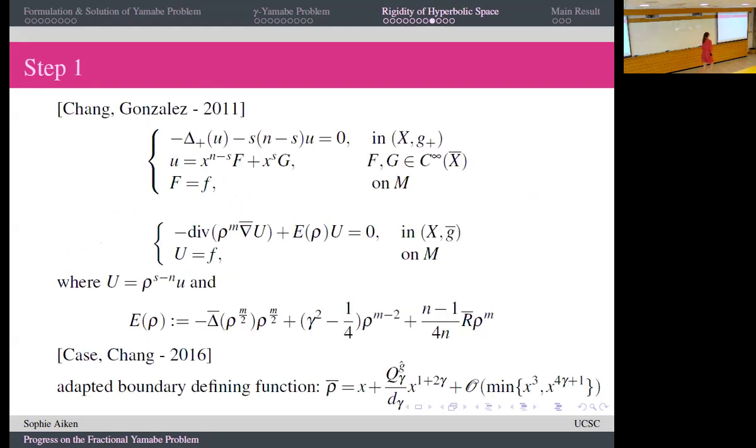Okay, here we go. So like I said, we want to find our operator not using the Poisson equation, but using this boundary value problem here, where my E of rho is defined as follows. And the reason we want to do this reformulation is because this rho is a defining function, so I can choose a specific defining function within my class, which they're calling the adapted boundary defining function.